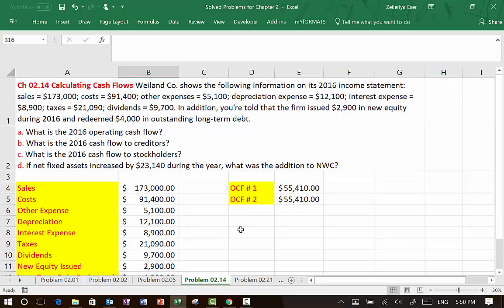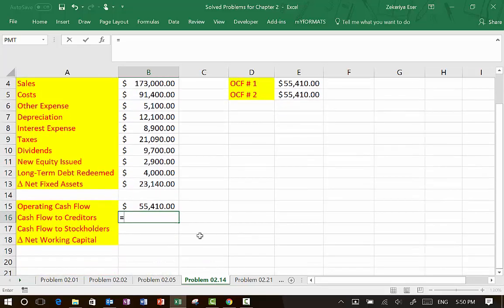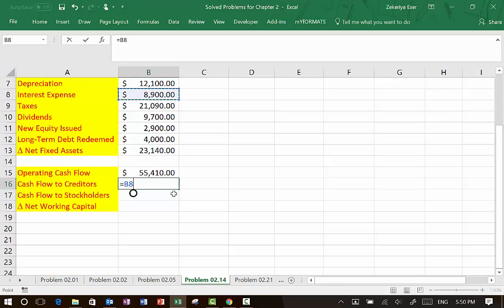Cash flow to creditors, by definition, is interest expense minus net new borrowing. Well, interest expense is right here. We have long-term debt redeemed, so that is negative borrowing, which means that is actually a cash flow to creditors.